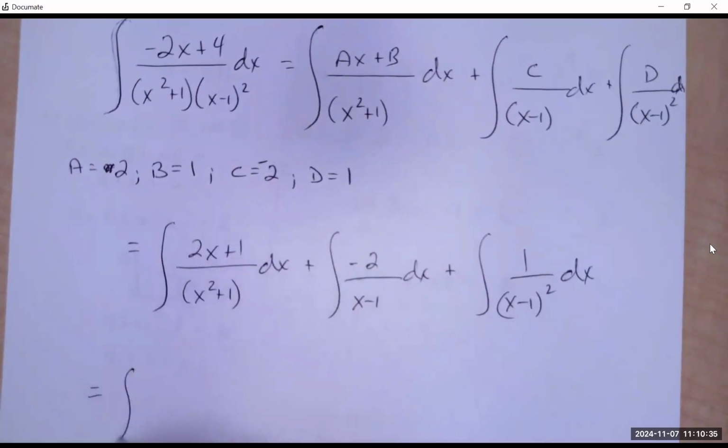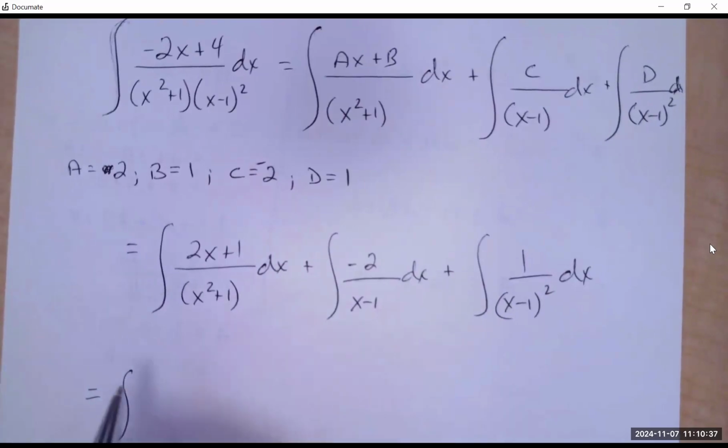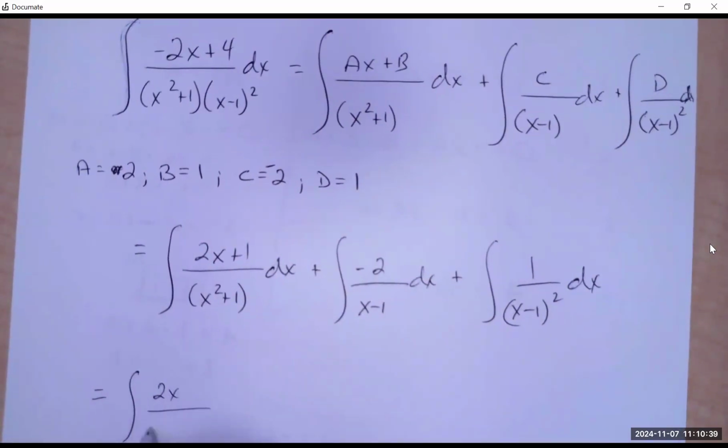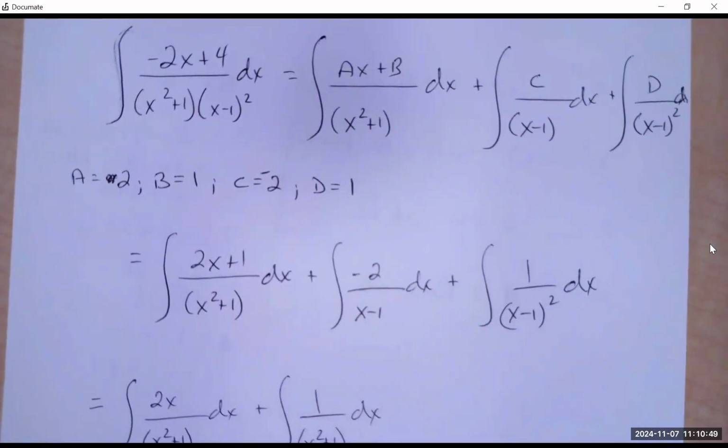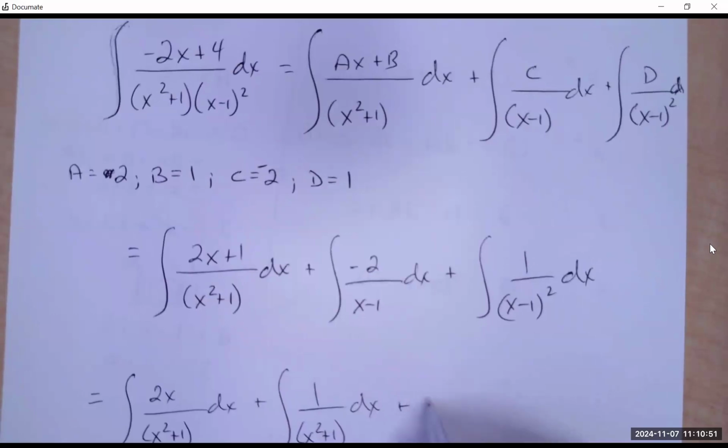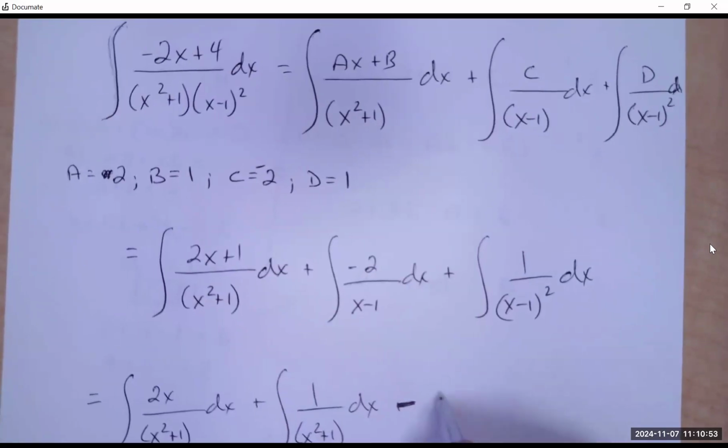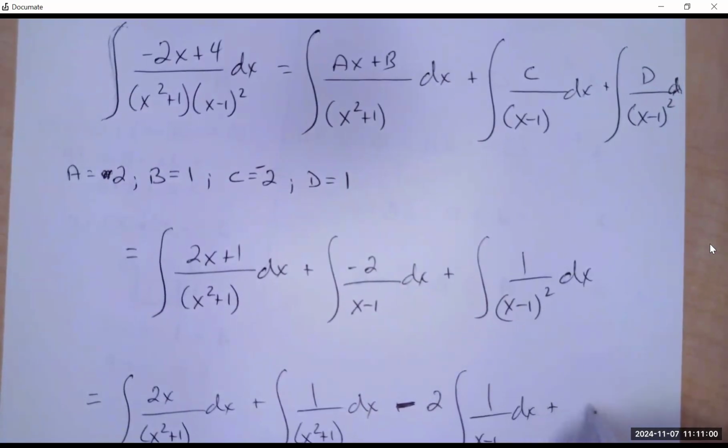This first one, I could split into 2x over x squared plus 1, plus 1 over x squared plus 1, minus 2 over x minus 1 dx, plus 1 over x minus 1 squared.